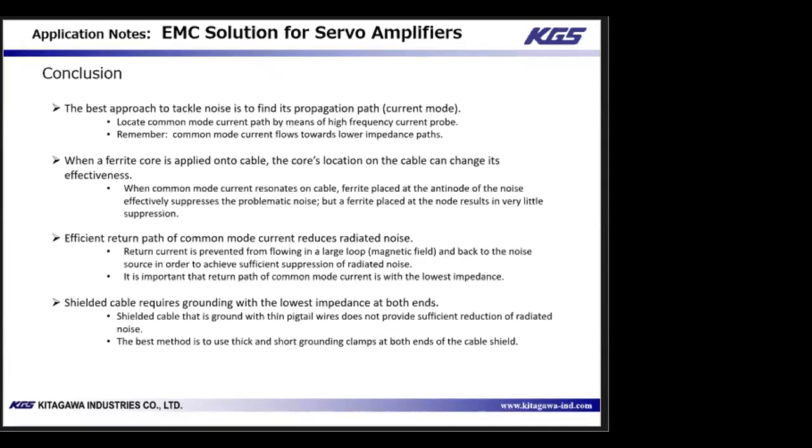So return current is prevented from flowing on a large loop and back to the noise source in order to achieve that sufficient suppression. And shielded cable requires grounding with the lowest impedance at both ends. And this is actually mentioned in our other EMC seminar, but it's also reiterated here. So grounding on both ends using a really wide grounding method is the best way.